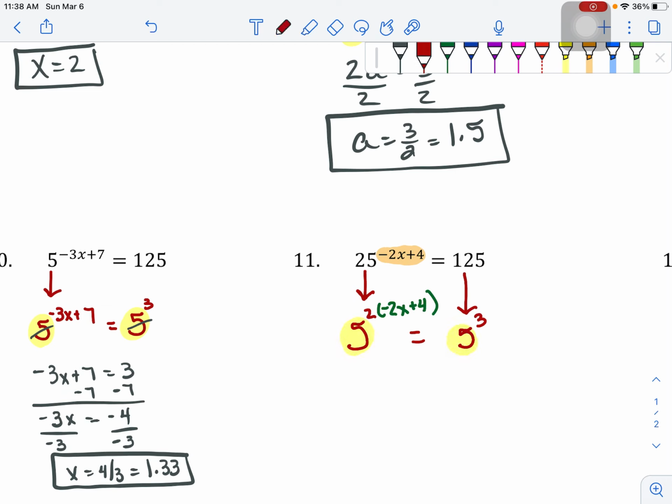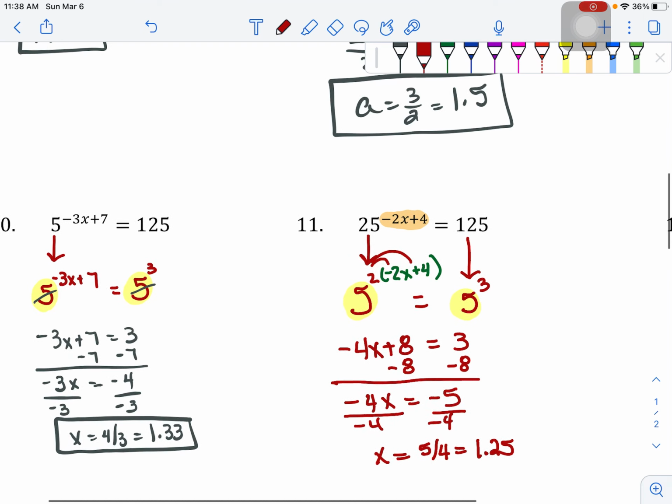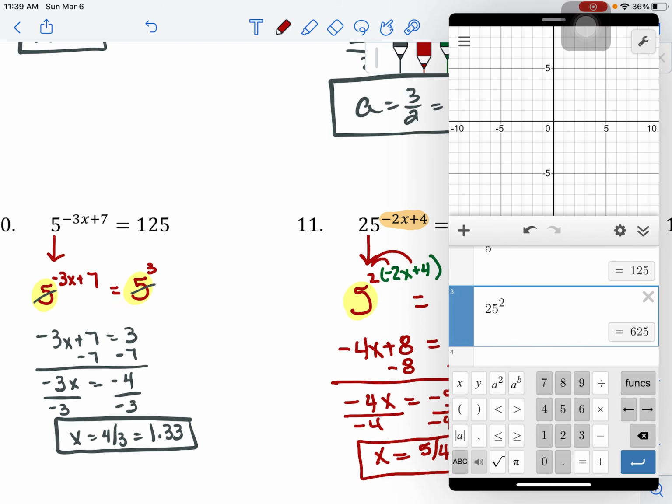And the left side is going to be negative 4x plus 8, because I distributed that out, equals 3. Subtract 8. Negative 4x equals negative 5. X is 5/4, or 1.25. Either one is fine. So you might have to change both of them. You'll think, can I get a 25 to be 125? And you're sitting there trying, and 5 squared is already 625. So that doesn't make sense.